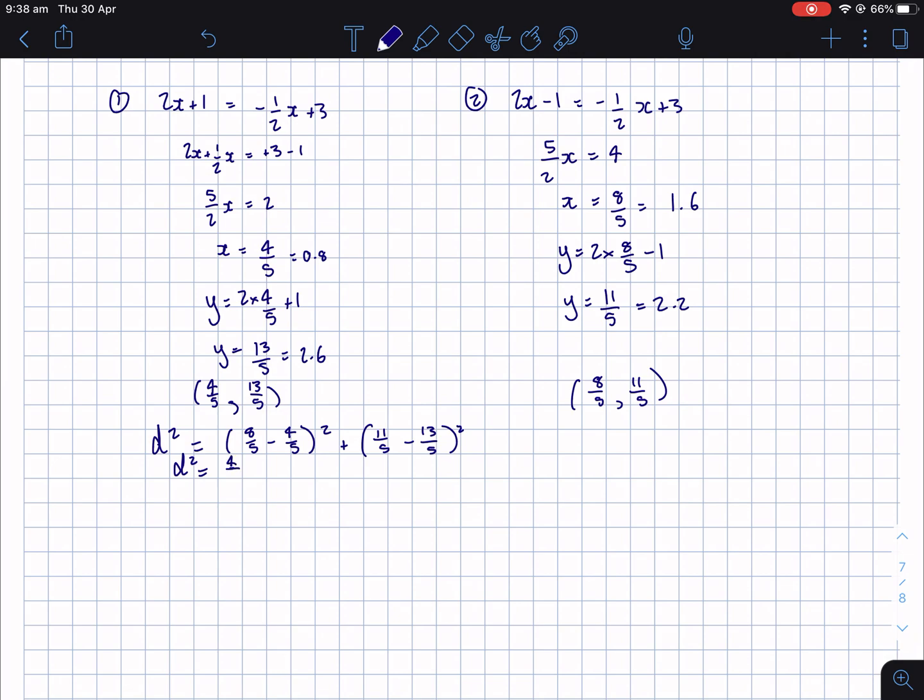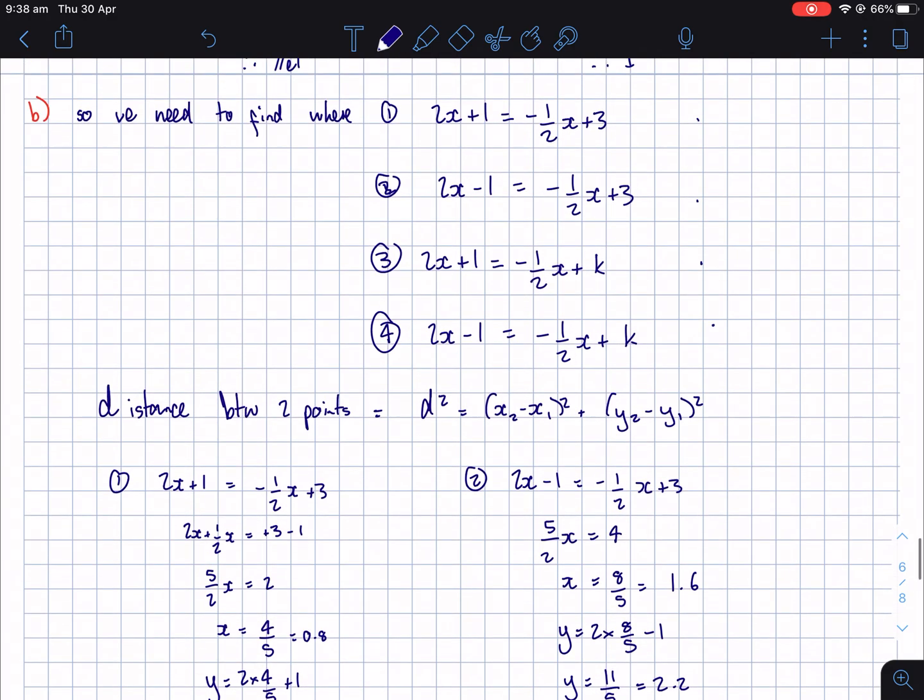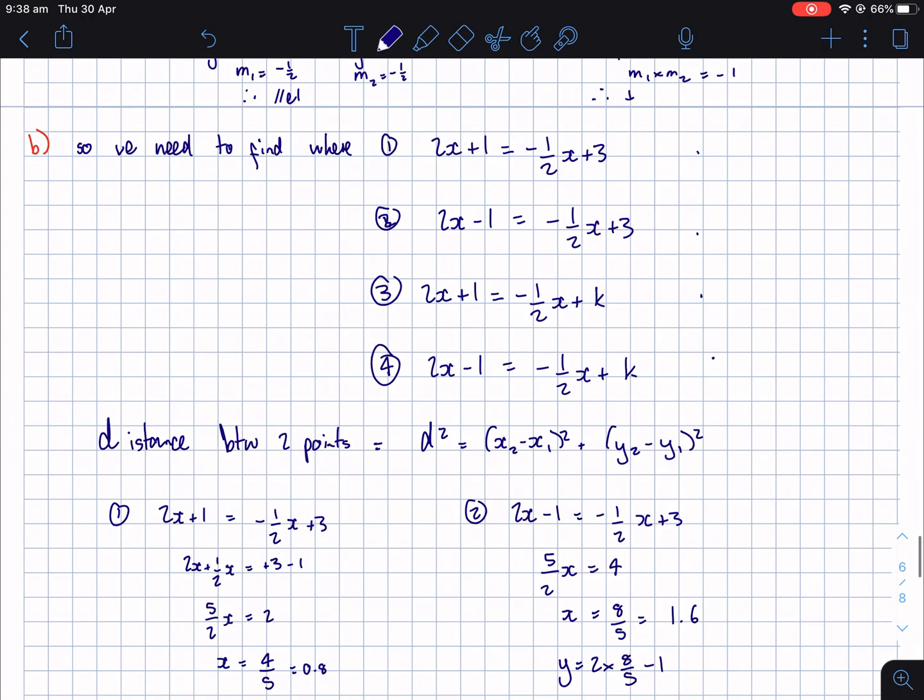Four-fifths. So the distance is 2 on root 5 or 2 root 5 on 5. Okay, and then to find k, I should only have to do, so I've done this one and this one. To find k, I'm just going to do this one.